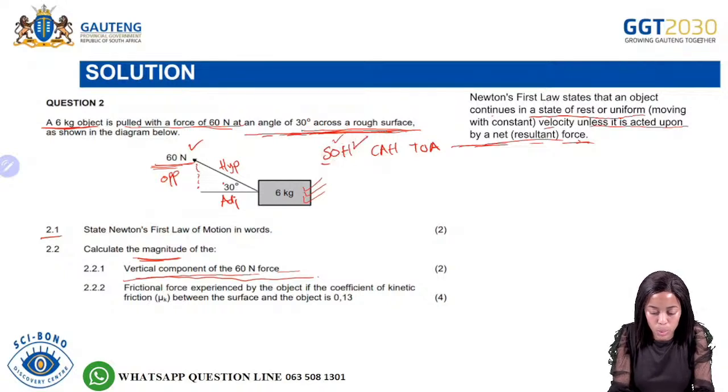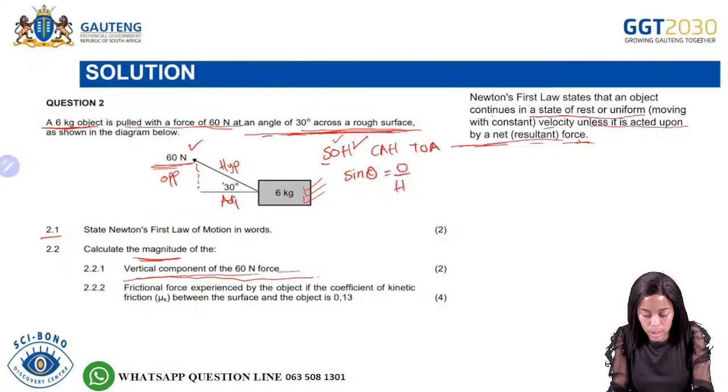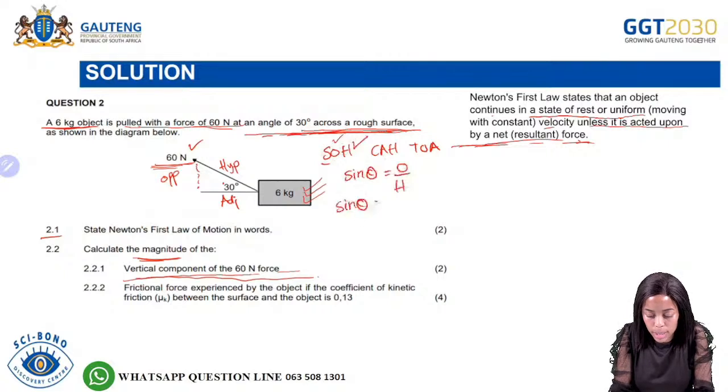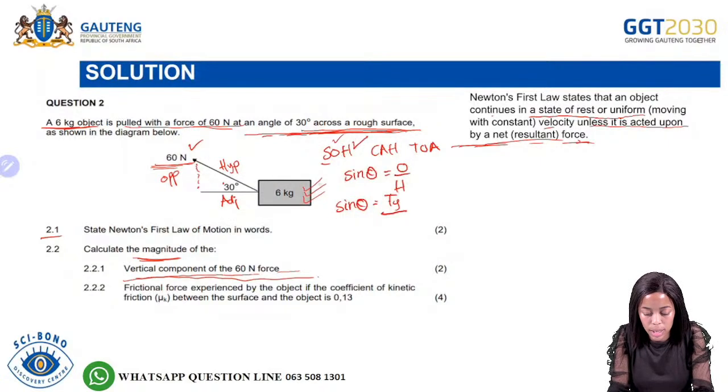So for 2.2.1, we would then say sine theta is equals to opposite over the hypotenuse. So for the opposite, what is it that we have? The opposite is represented by Fy, and then we can say that the hypotenuse is represented by the applied force. So sine 30 degrees is equals to Fy, divided by the 60 there.